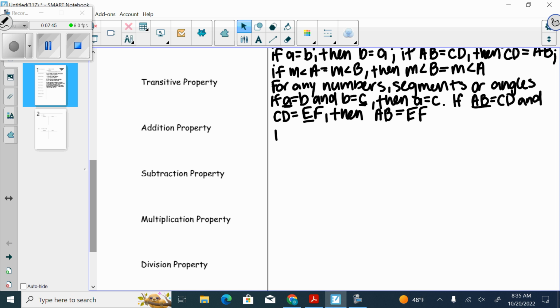Okay, and this property says if you know that A is equal to B, then if you add C to A, it should still be equal to B as long as I add C to it as well. Basically what this says is you can add the same number to each side of your equation.